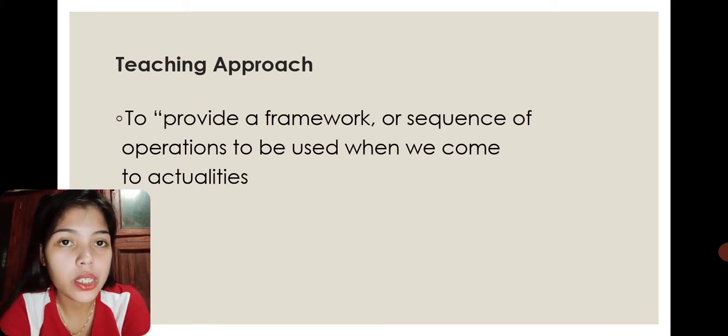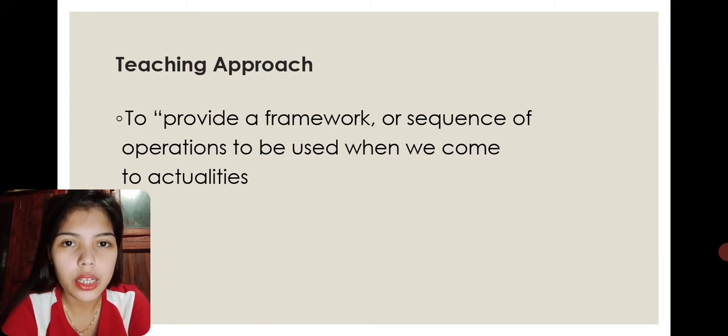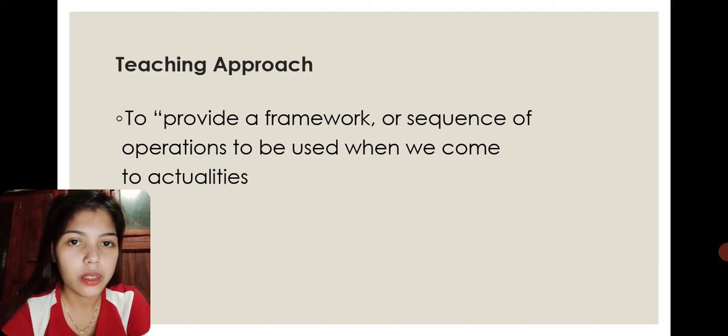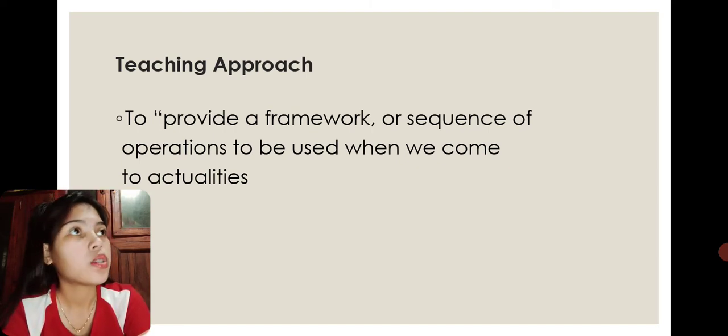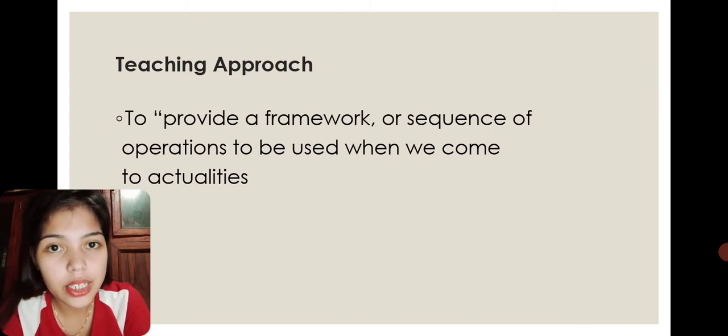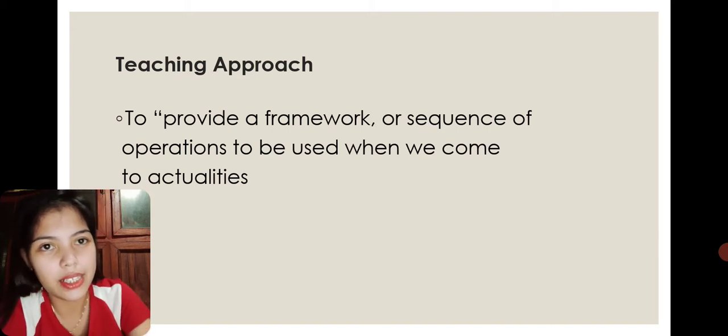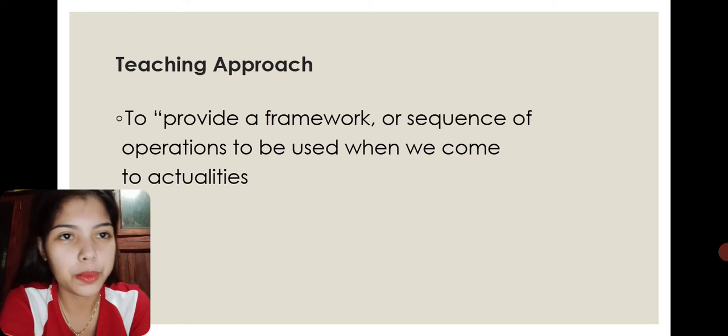So yes, a teaching approach acts as a blueprint or framework in teaching your students, because there are many approaches and you should only pick one which you will be using as a guide in teaching the students, and you can choose what's best for you.